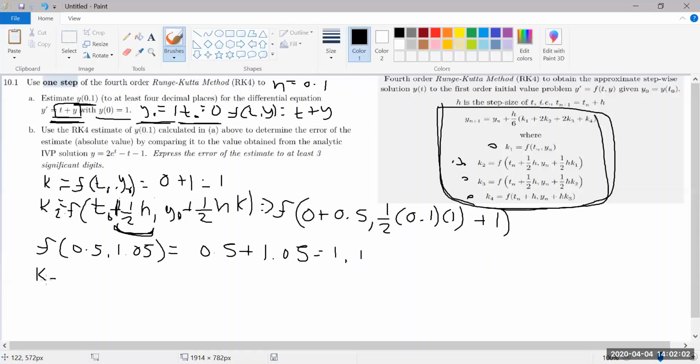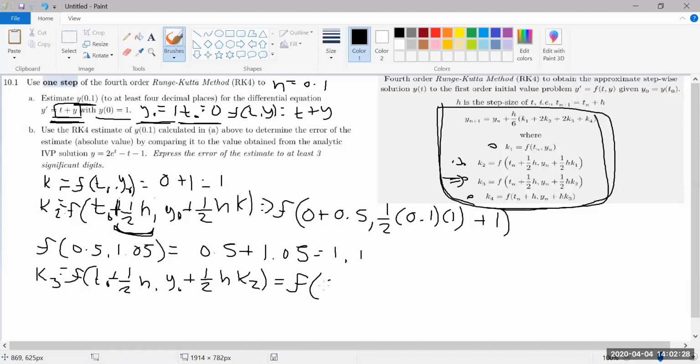For K3, we're going to use this formula over here, and we get our function evaluated at t sub naught plus 1/2 h for the t, and then for our y, we have our y sub naught plus 1/2 h k2. Very similarly, we're just going to plug in those values.